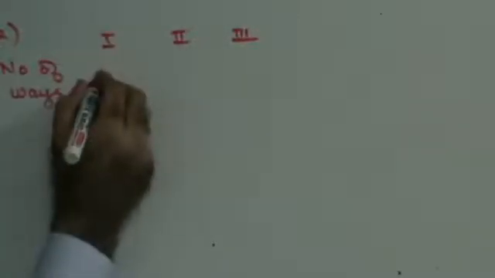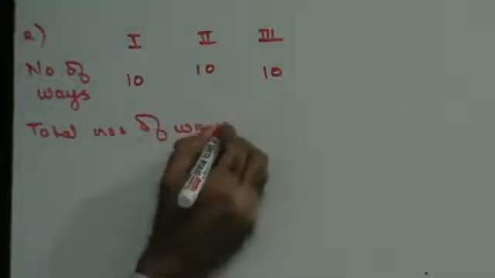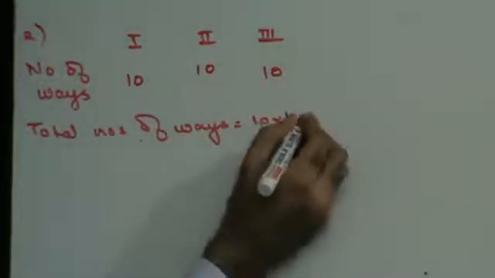Guys, there are 3 rings. Each ring has 10 digits on it. So there are 10 different alternatives for the first ring: 0, 1, 2, 3, 4, 5, 6, 7, 8, 9. There are 10 alternatives on the second ring and 10 on the third ring. So the total number of ways is 10 into 10 into 10.